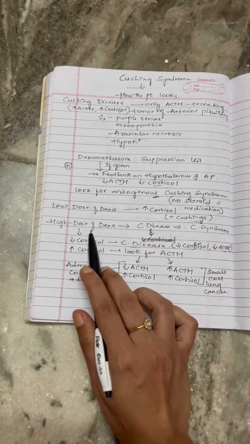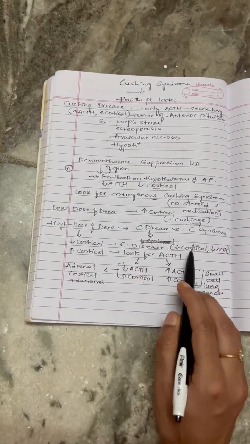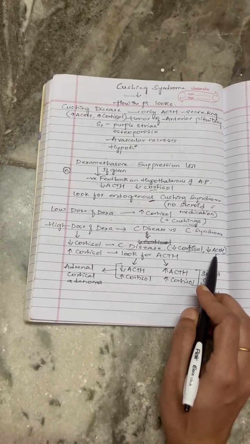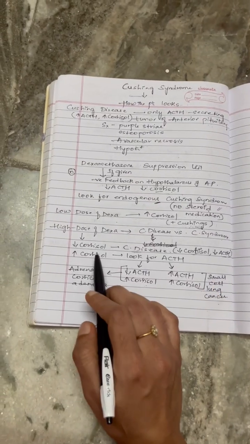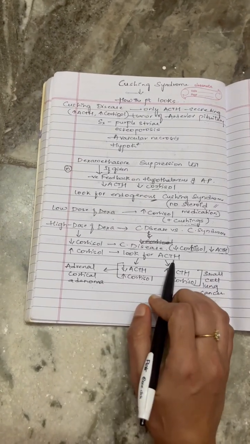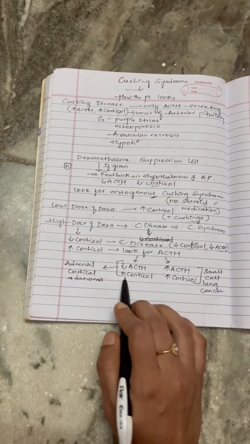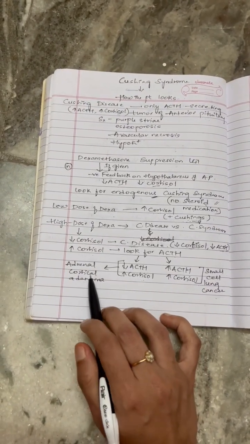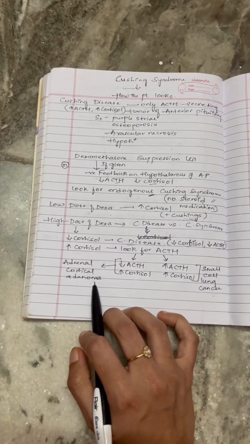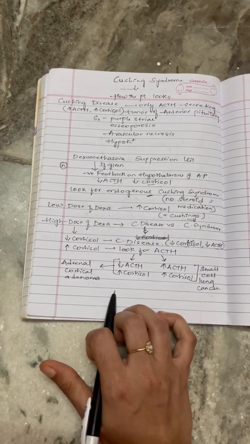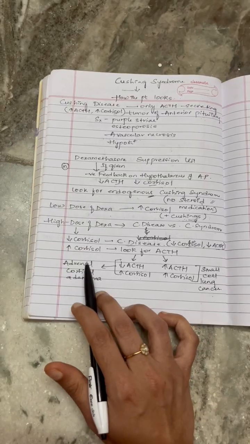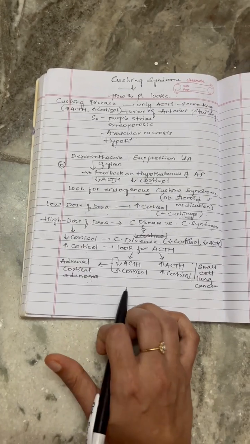So when you give a high dose of dexamethasone, there will be a decrease in cortisol and a decrease in ACTH. Okay, and if the cortisol is high, we'll look for ACTH levels. If the ACTH is low and there's an increase in the cortisol, it is an adrenal cortical adenoma. We also call this ACTH independent Cushing syndrome, because it is independent of ACTH.